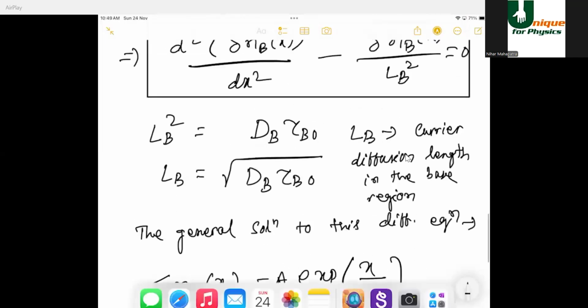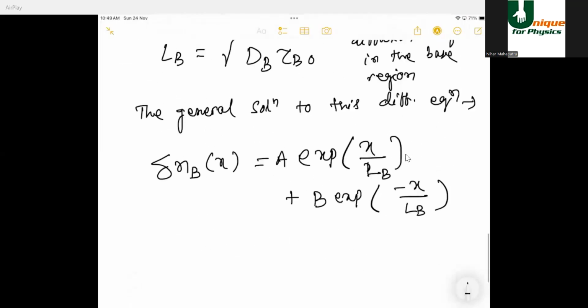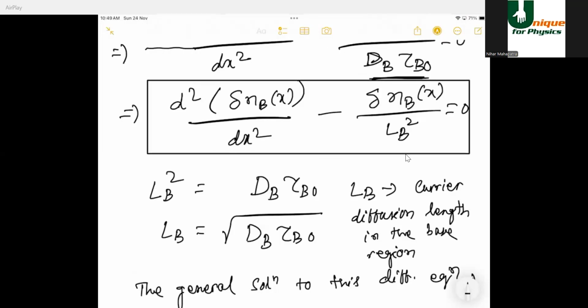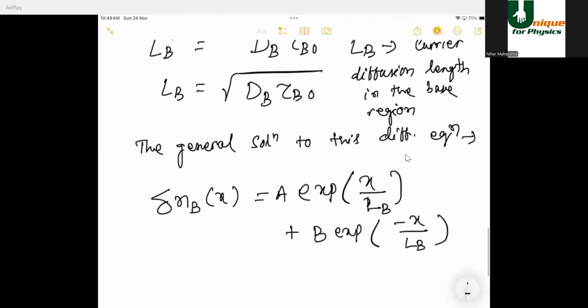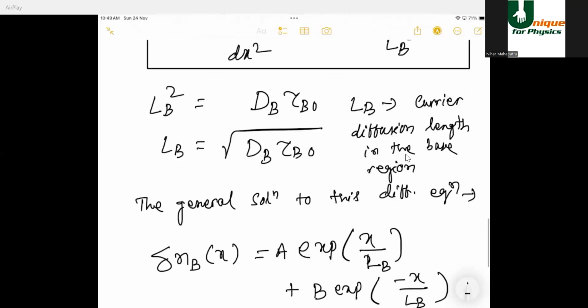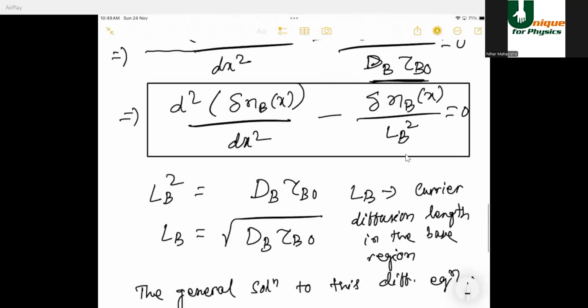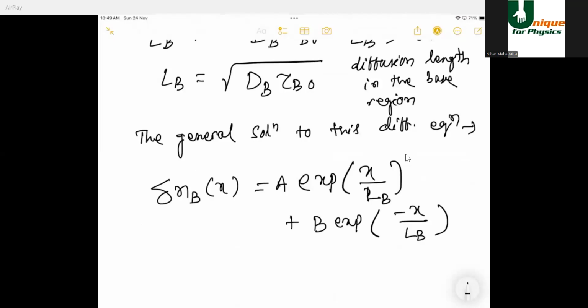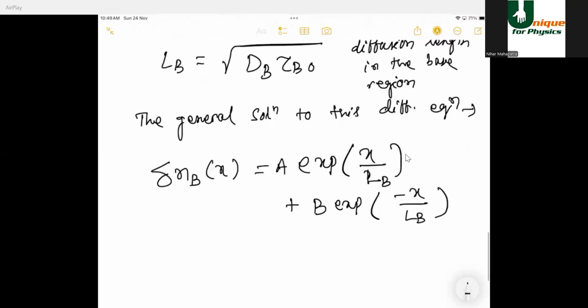If you take this as y, then you find d square y upon dx square minus the constant 1 by LB square times y is equal to 0. So we have taken this general solution, found d square upon dx square of this, and then subtracted 1 by LB square times delta NB(x), and you get 0. That's why, considering a and b as some random constants, this will satisfy the differential equation, and we consider it the general solution.